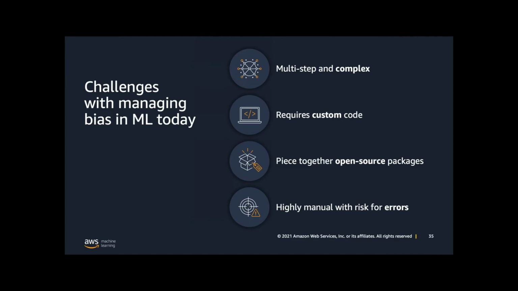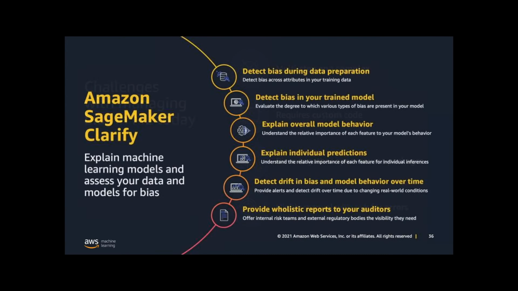Usually it requires piecing together open source packages and writing custom code, testing datasets and models for bias across all the steps of the workflow, then manually piecing together a series of screenshots to create a report showing the factors that contribute to a model prediction. So you have to use multiple different platforms. And once the model is in production, data scientists must regularly check for the introduction of bias from changing real-world conditions. It's a hard problem that is solved by Amazon SageMaker Clarify.